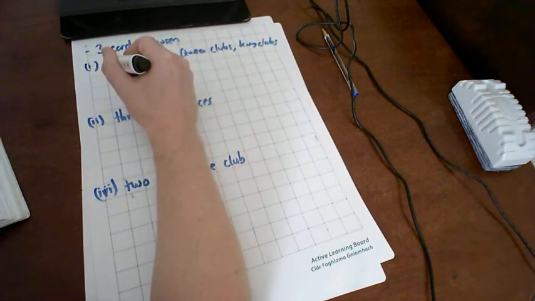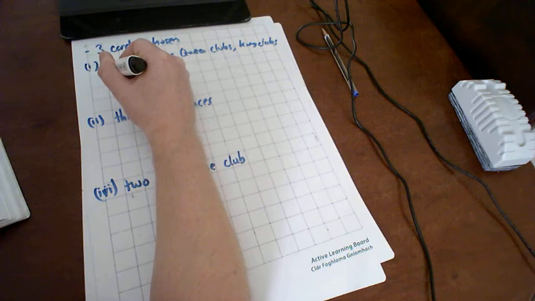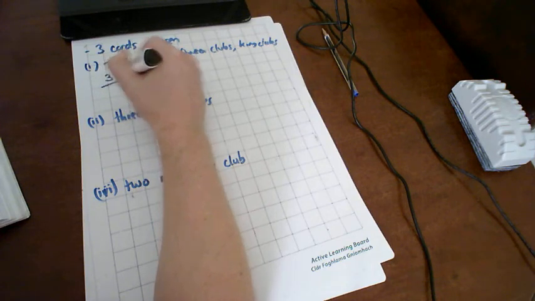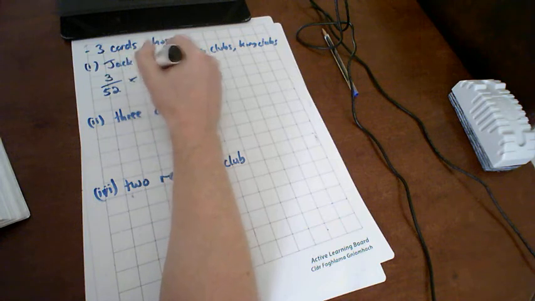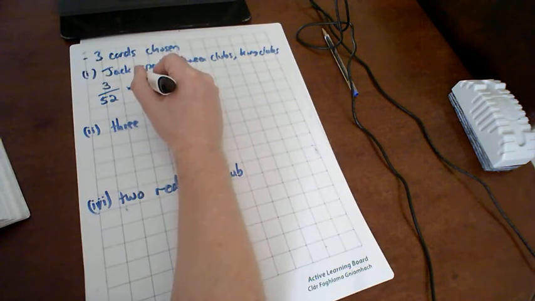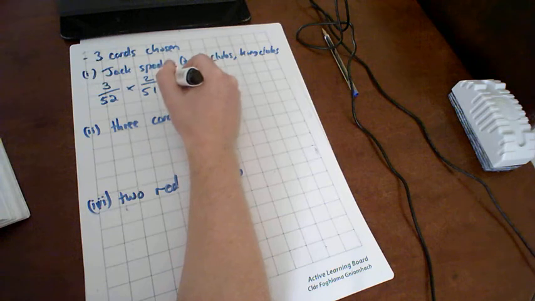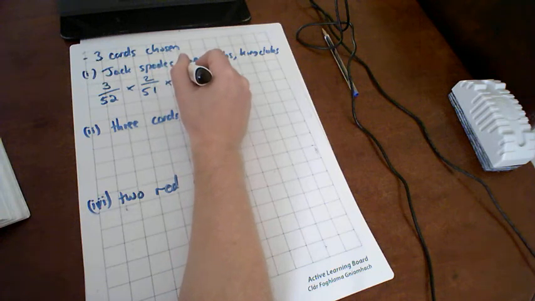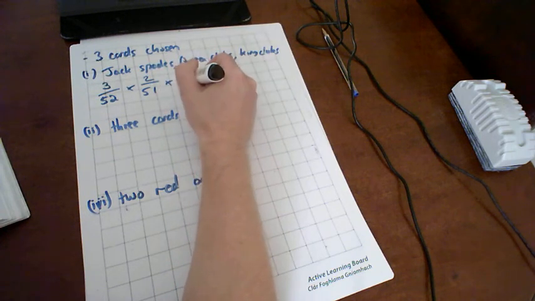So there is 3 out of 52 for the first card, because we can have any of these 3 for the first card. Then once one of those is chosen, there's going to be 2 cards left, and there'll only be 51 cards left in the pack. And then for our last card, we'll have one of these left, and there'll be 50 cards.